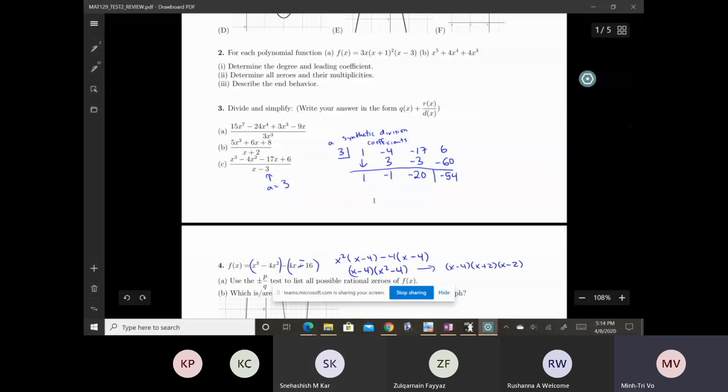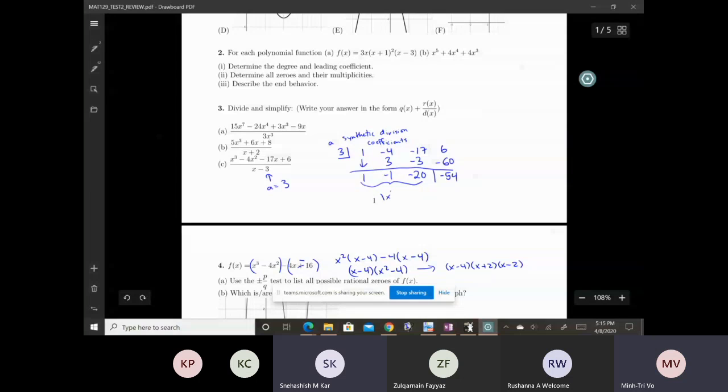That's it. And then now we write out the answer. Right, so the quotient comes from this thing. So how do you write it out? The degree should be 1 less than the thing you started out with. Right, so the original thing was x cubed, so you want to start the answer with x squared.